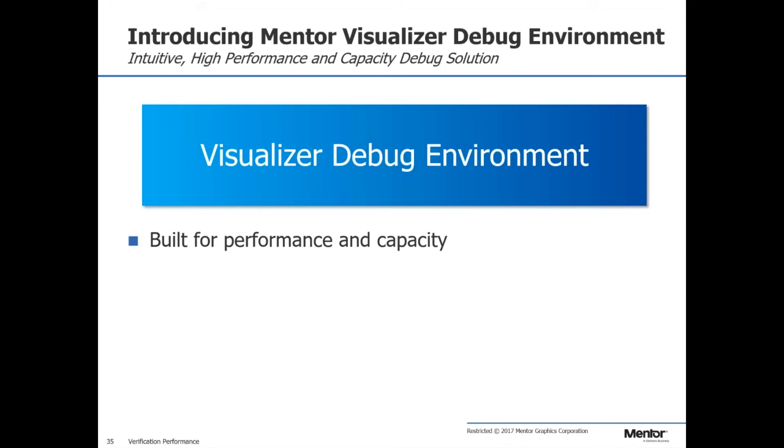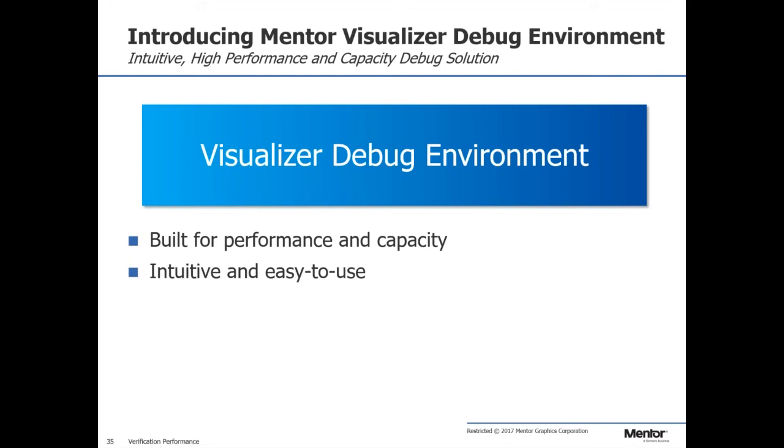Visualizer can have much higher performance on a much bigger data set. So now that you're doing the UltraScale parts and collecting tons of data, we've seen the traditional debugger start to bog down. Visualizer is able to handle that.